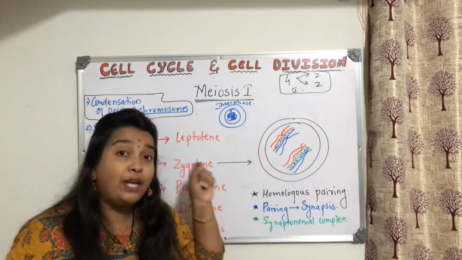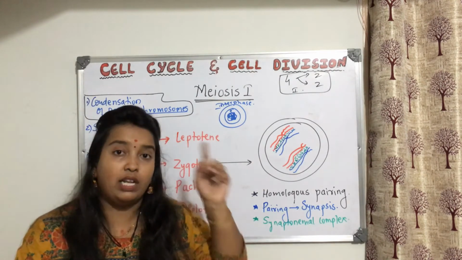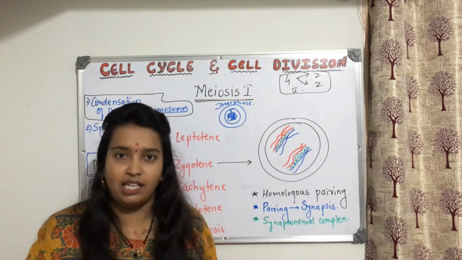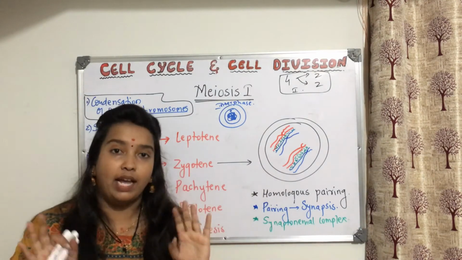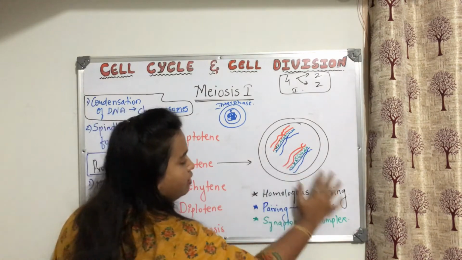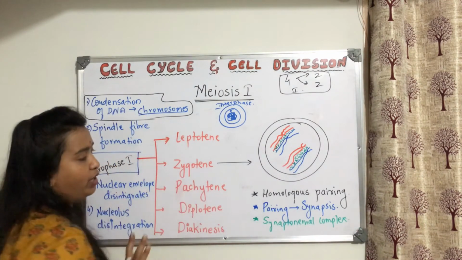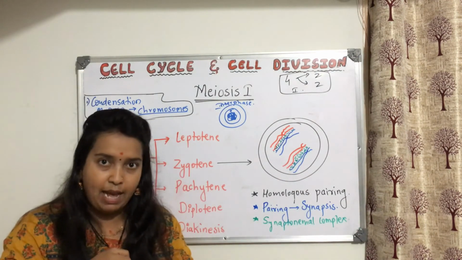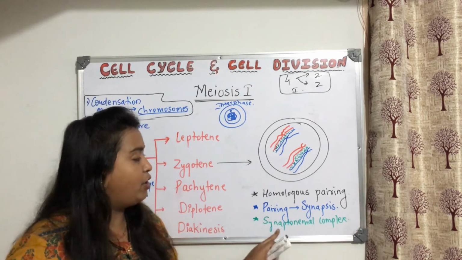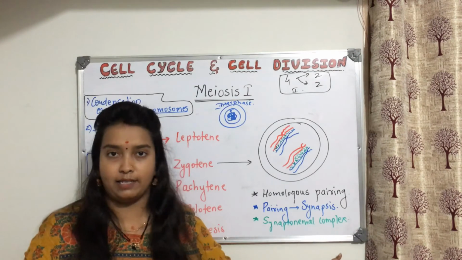Why are they together? Because there is an attraction between them. What is that attraction? The synaptonemal complex. That is why they came near to each other. Now you can see them together. Correct? So these are the important points of zygotene. Homologous pairing will happen. That process is called synapsis. Why does synapsis happen? Because of the synaptonemal complex.